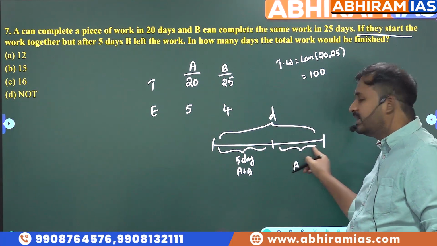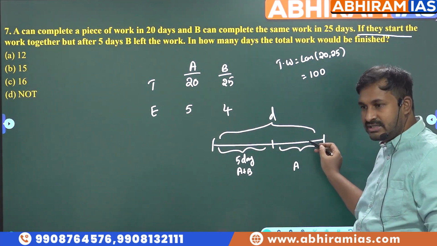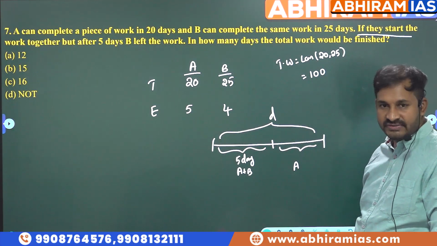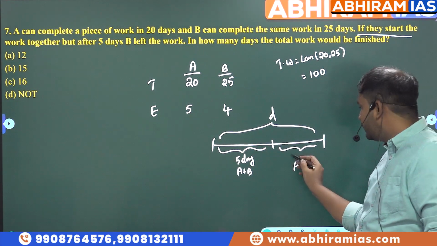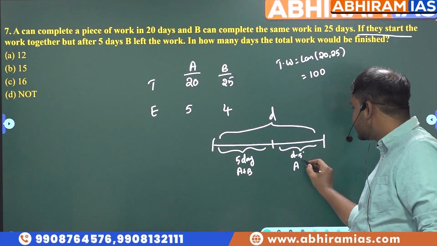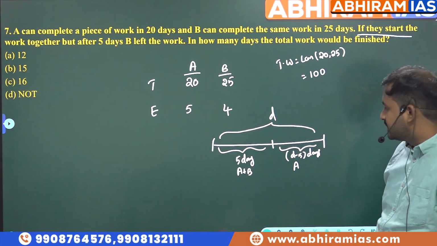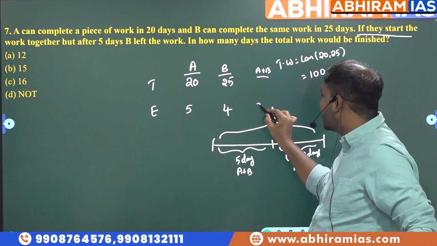They asked me the total work, right? So, I have assumed this as D. If this is D, what about this time? D minus 5. Why? Because if I remove the first 5 days from the D, I will be left with D minus 5 days. What is the combined efficiency of A and B here? 9.